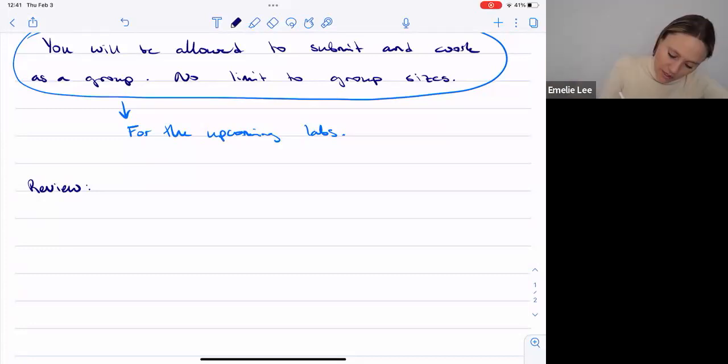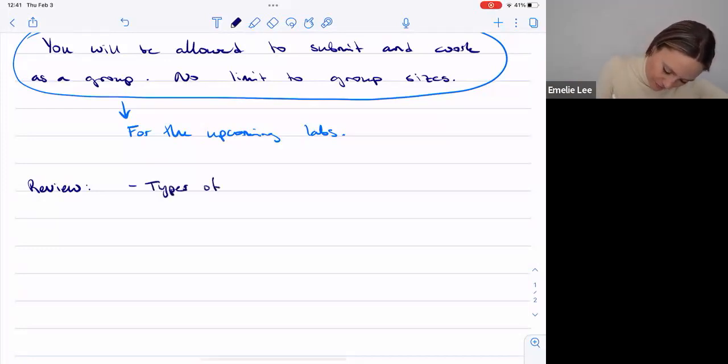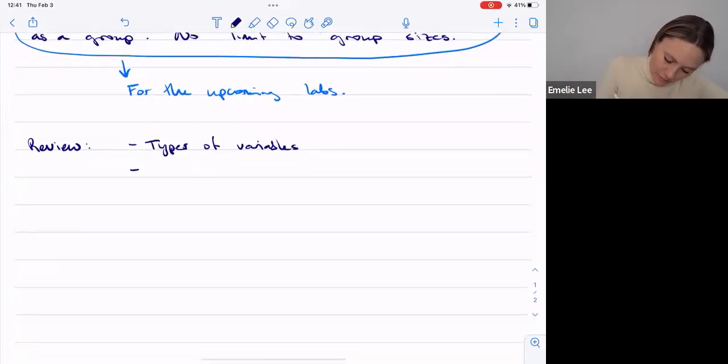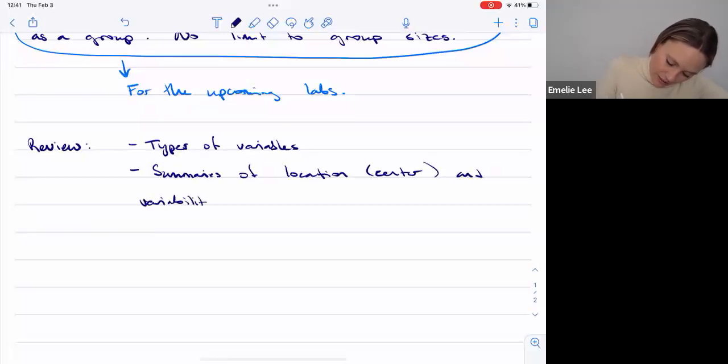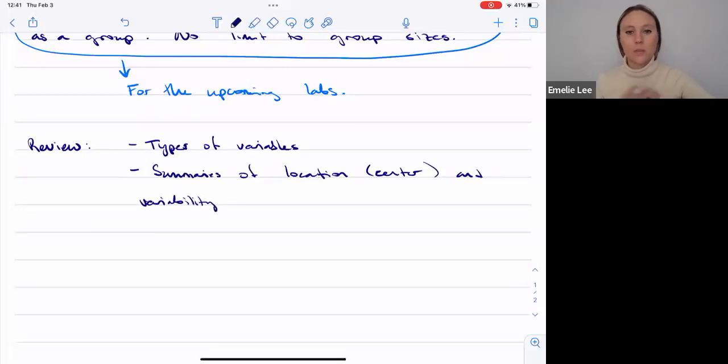Just going way back, we talked about different types of variables, and summaries of location, which is the center, and variability. We spent a good chunk of time talking about the location and the variability.